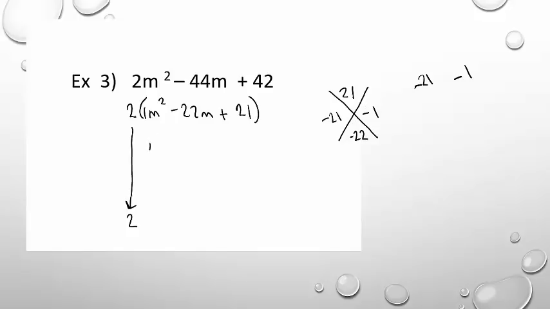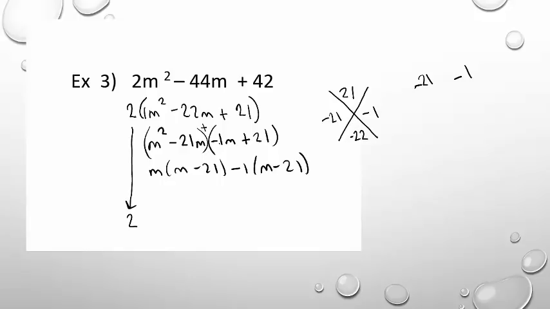So now I'm going to rewrite actually a 4-term polynomial. Keep the m squared, break the middle to 21 and negative 1, and keep the positive 21 at the end. All right, now we're going to group. Looks like I can take an m out, and I can factor out a negative 1.